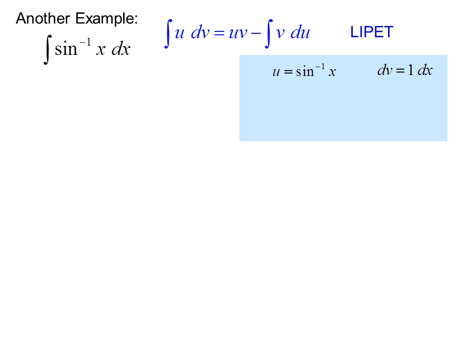So dv is 1 dx, du is 1 over radical 1 minus x squared dx, and v equals x.